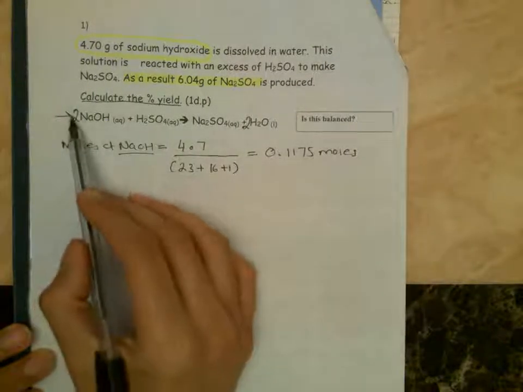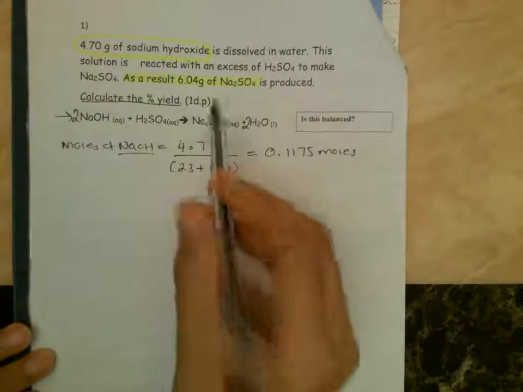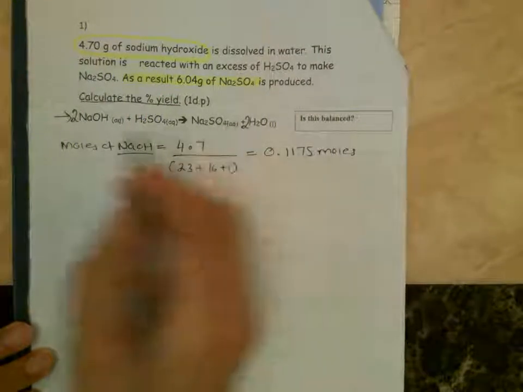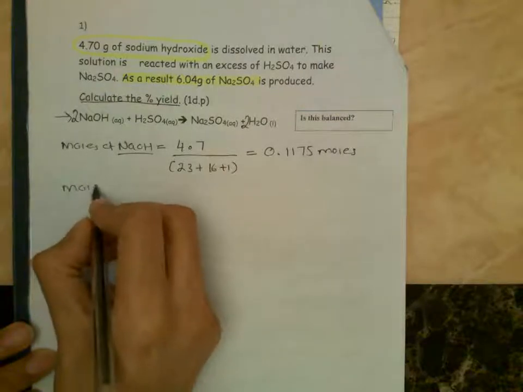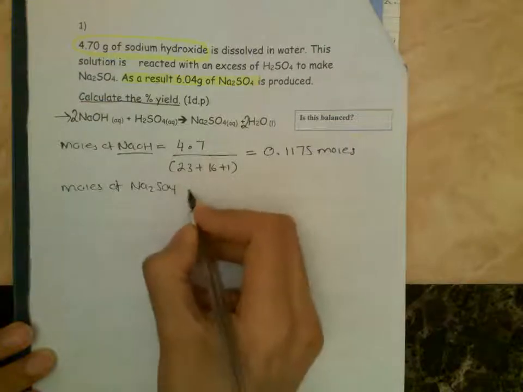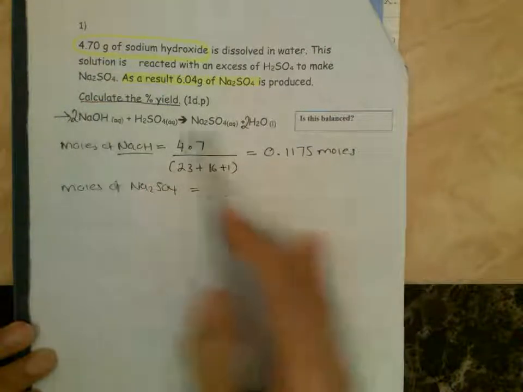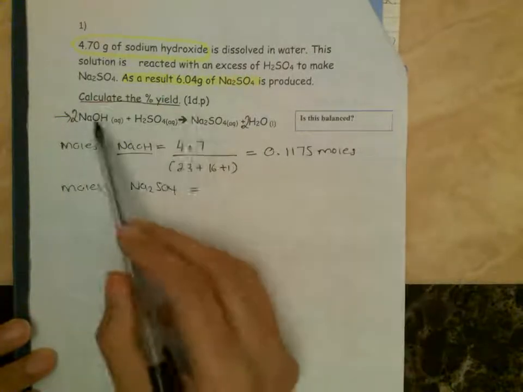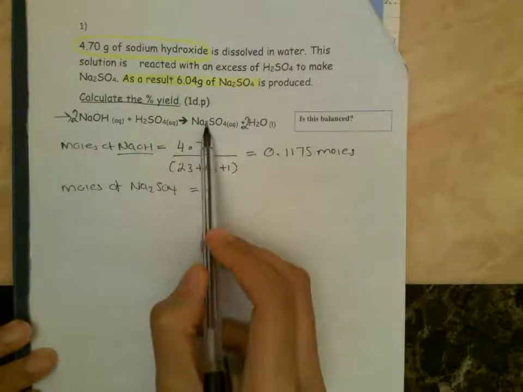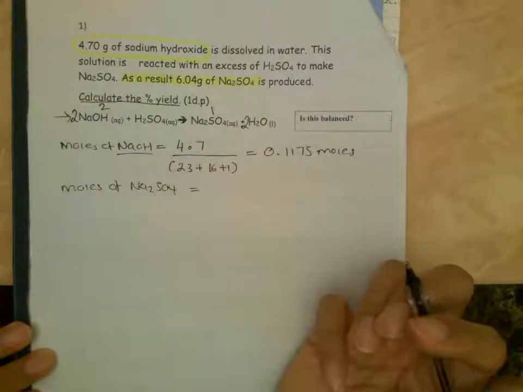Now, if we look at our molar ratios, we can work out the moles of sodium sulfate. Our molar ratio between sodium hydroxide, which we've just calculated the moles for, and sodium sulfate is a 2:1 ratio.